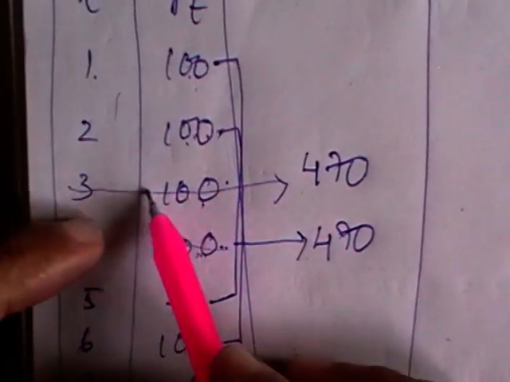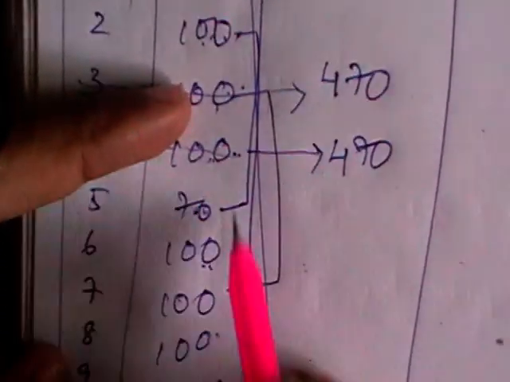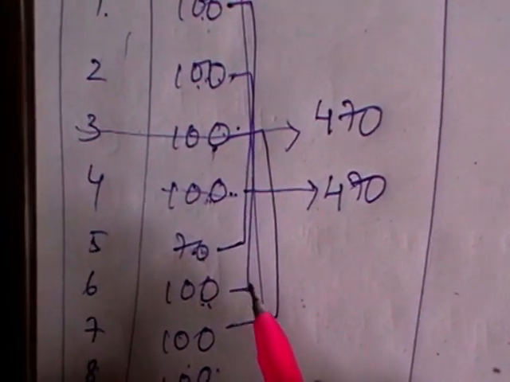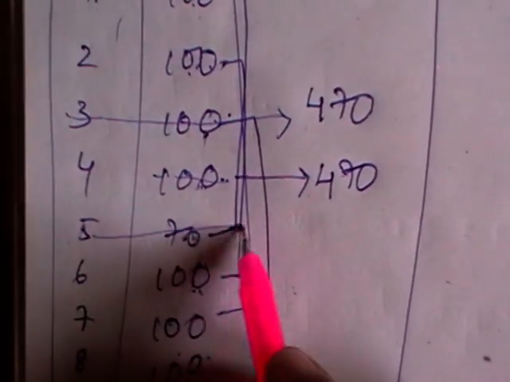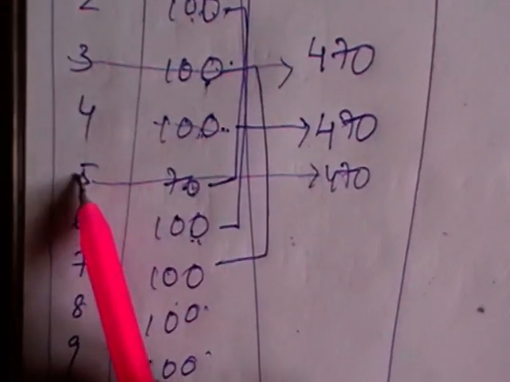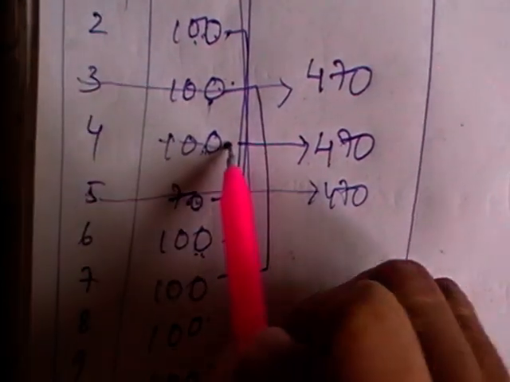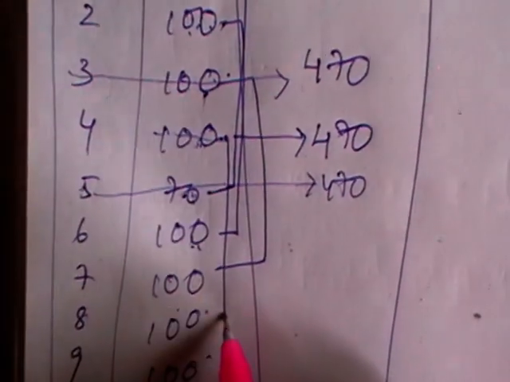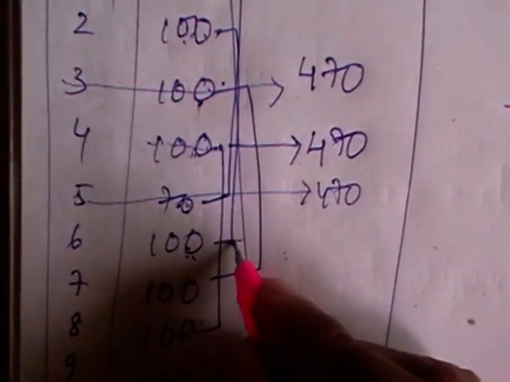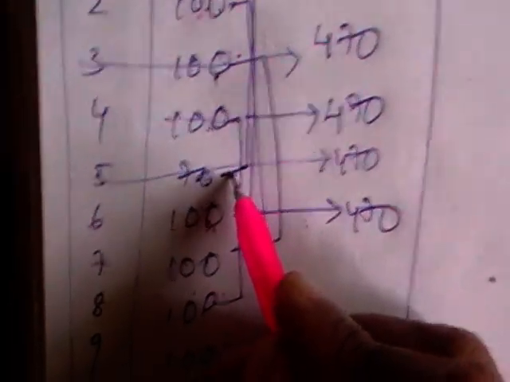Similarly, leaving the first 2 observations, add the next 5 observations, which is again 470, and place it against the fifth one. Again, start with the fourth observation, count 1, 2, 3, 4, 5. Again it is 470. Place it against the sixth one.